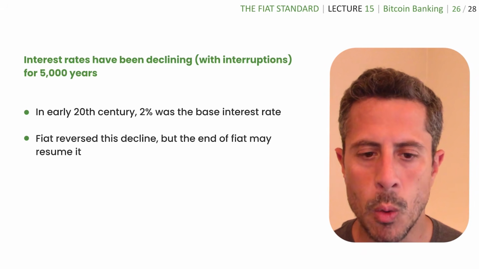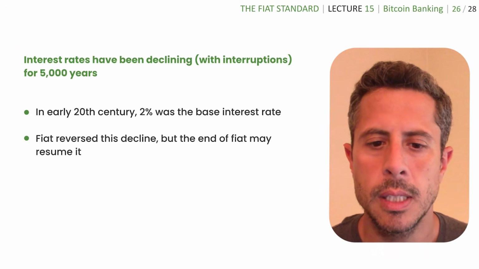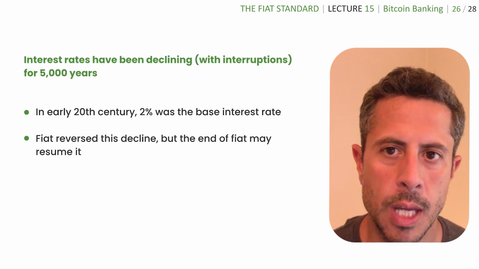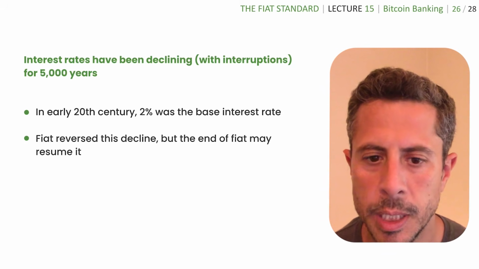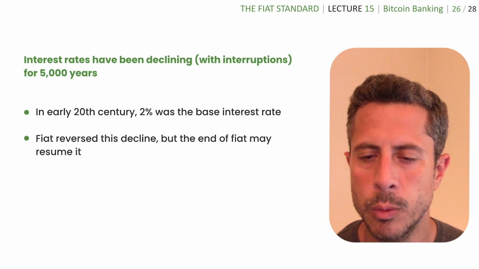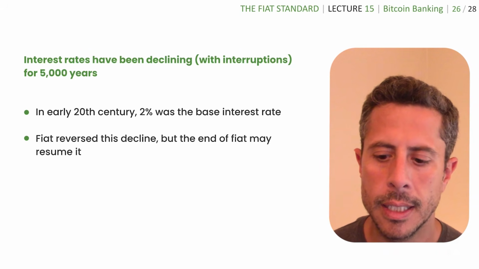It helped us lower our time preference to the point where interest rates dropped to only 2%. And I believe if we had remained on the gold standard for several decades after that, interest rates would have been eliminated on the market. That nominal interest rate would have gone to 0%, and we would just not have interest-based lending.